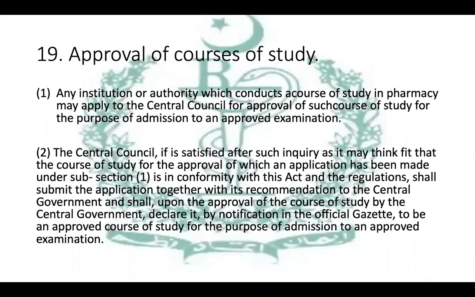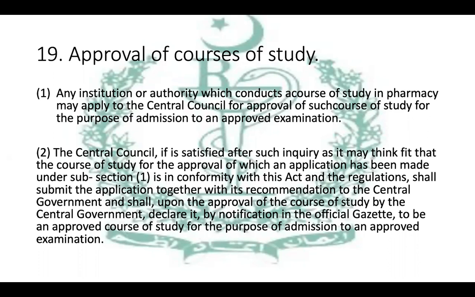19. Approval of courses of study. So 19.1 says, any institution or authority which conducts a course of study in pharmacy may apply to the Central Council for approval of such course of study for the purpose of admission to an approved examination.